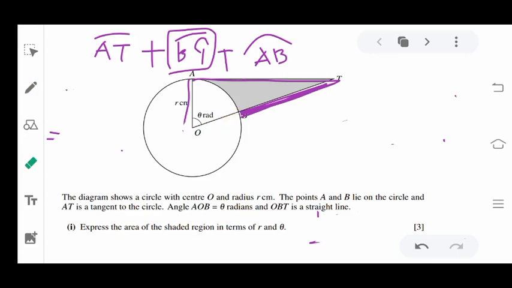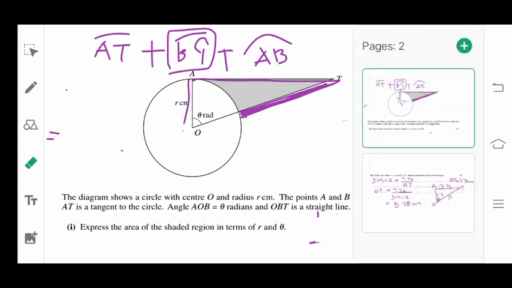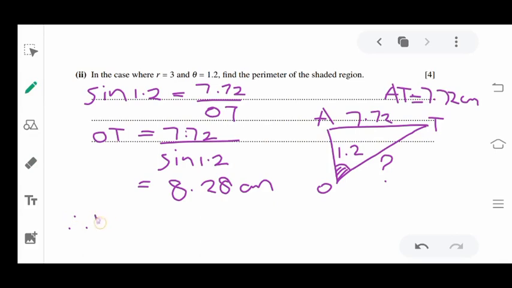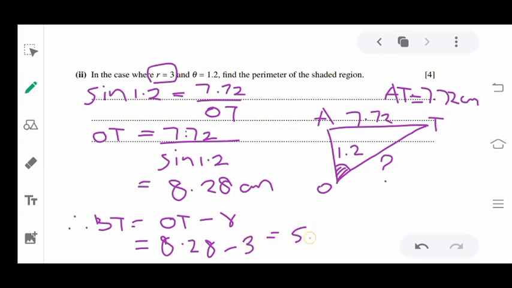So from the total length, if you delete the radius 3 centimeter, we get the length of BT. Therefore, the length of BT is equal to the total length OT minus radius. That's equal to 8.28 minus radius, already given as 3 centimeter. So we get it as 5.28 centimeter as BT.